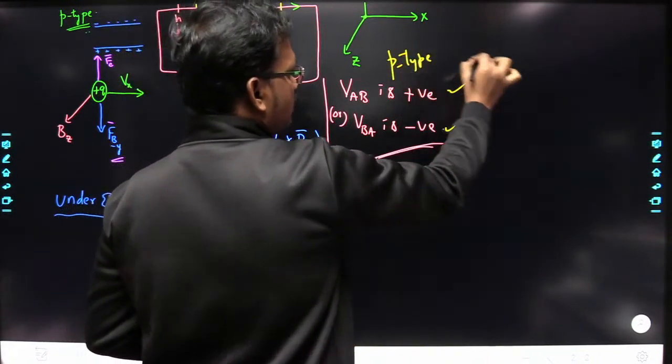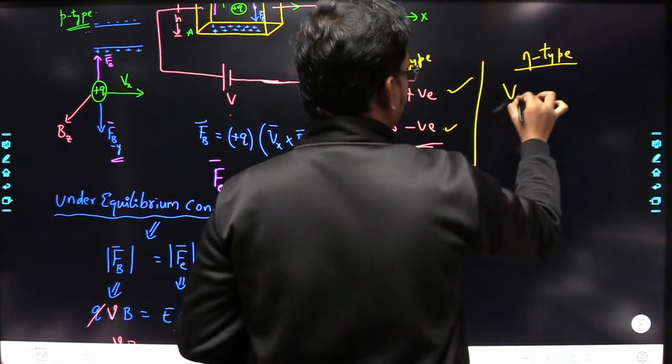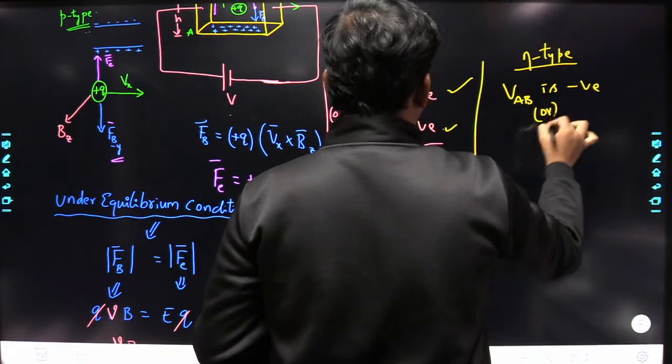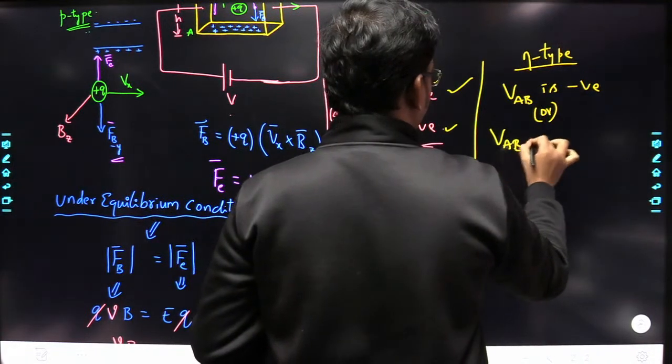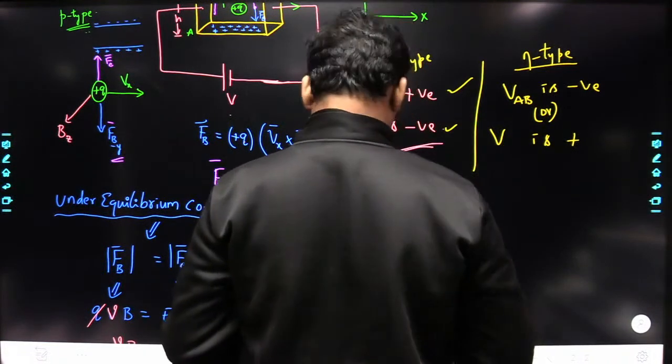Now for n type, VAB is negative, or I can say VBA is positive.